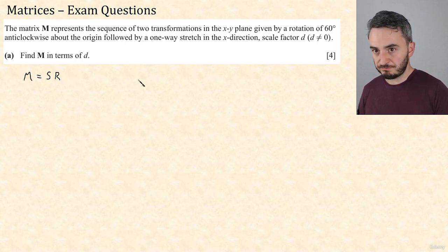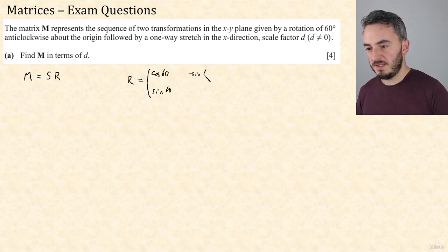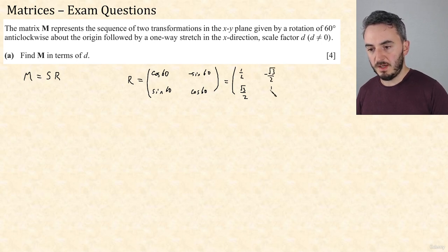So the rotation, yes, we did just do this in the previous question, but imagine you hadn't. R needs to be, what's a rotation? It's 60 degrees anti-clockwise, so cos 60, minus sine 60, sine 60, and cos 60. Evaluating all of these, it's a half, minus root 3 over 2, root 3 over 2, and a half.